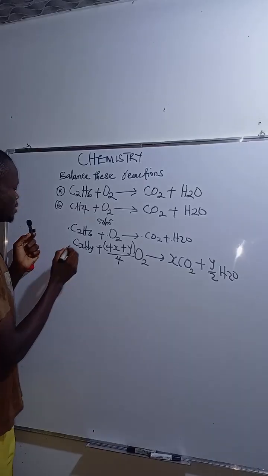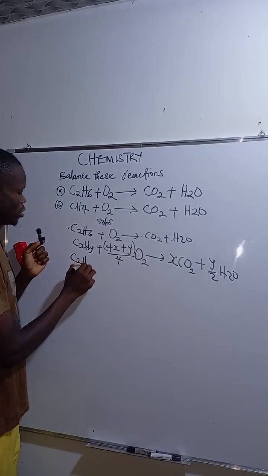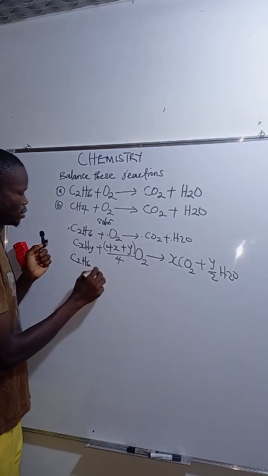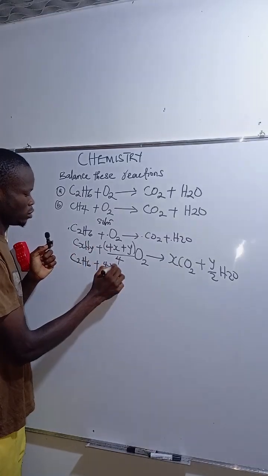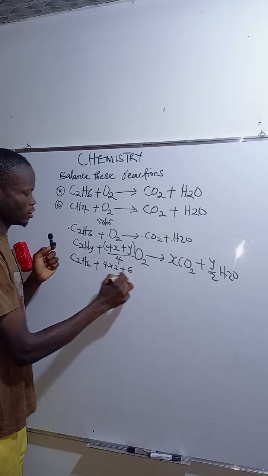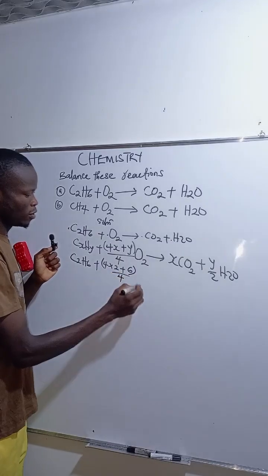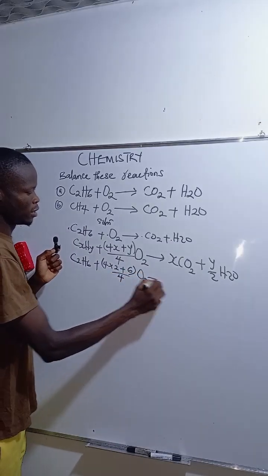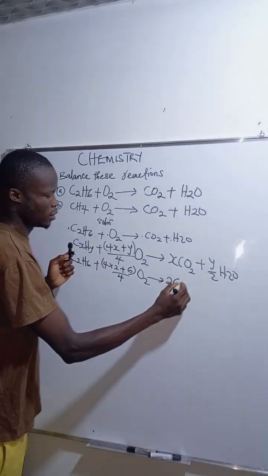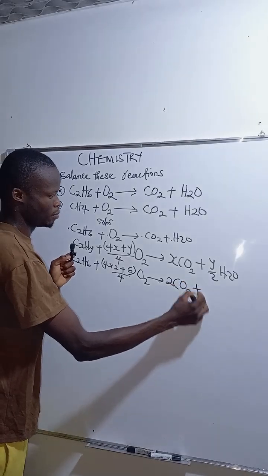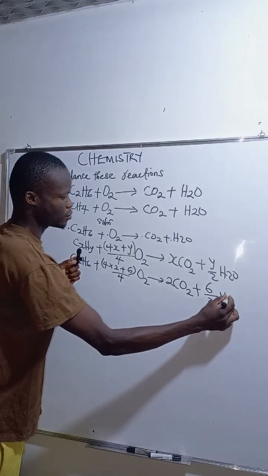My x is 2, my y is 6, plus 4 times my x which is 2, plus my 6 over 4 oxygen. My x is what? 2 carbon dioxide plus 6 over 2 water.